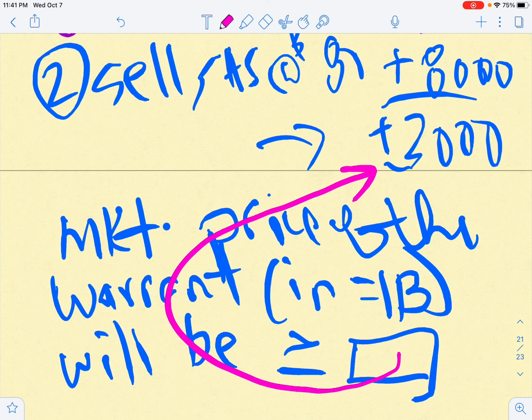In this case, the market price of the warrant will be at least 3,000.